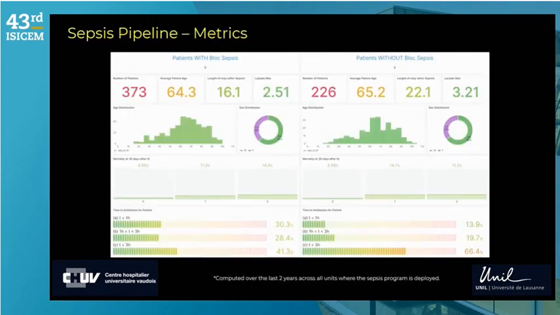What was very interesting in introducing this model, you see on the left panel, is that the number of patients who were administered antibiotics beyond 3 hours was reduced, and there was an impact as well on the length of hospital stay. For those in whom this predictive model was used, the duration of hospital stay was reduced from 22 days down to 16 days.